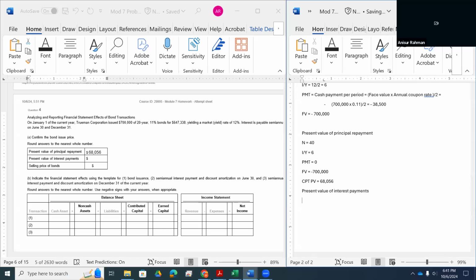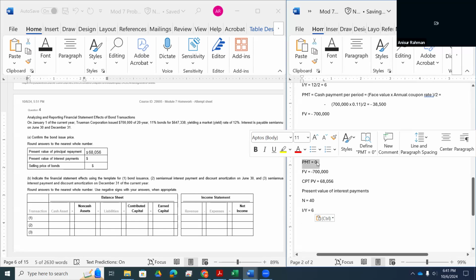For present value of interest payments, our n and y, I over y does not change. I'll just copy paste here. PMT is the one that we have to calculate.